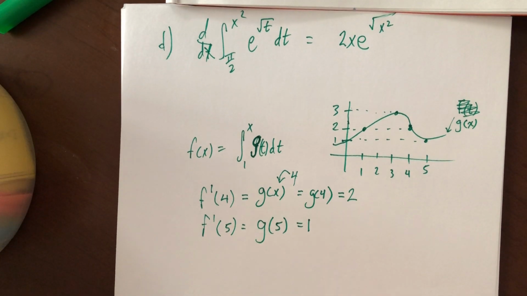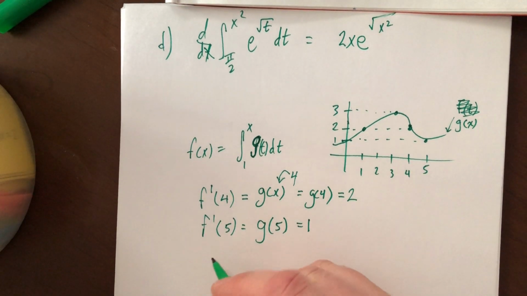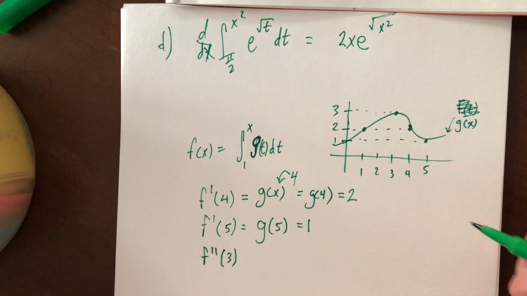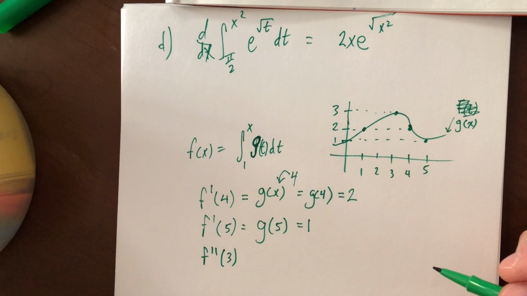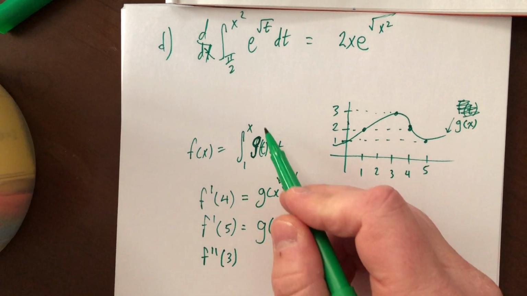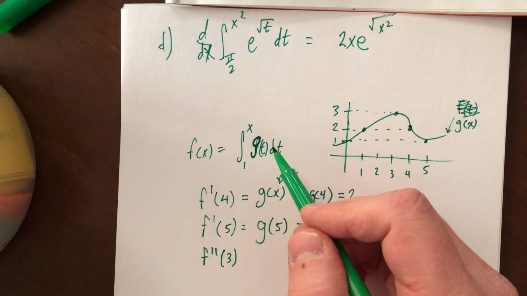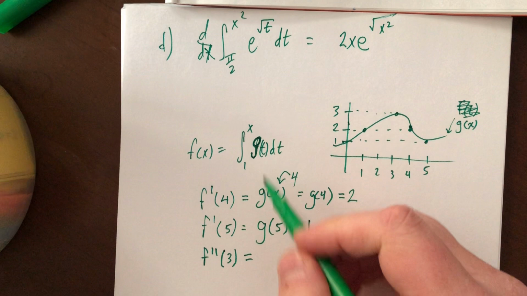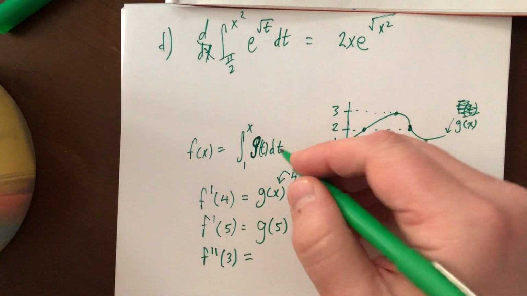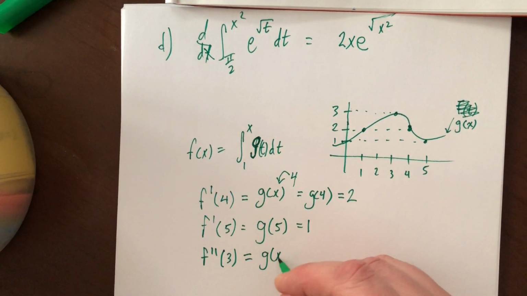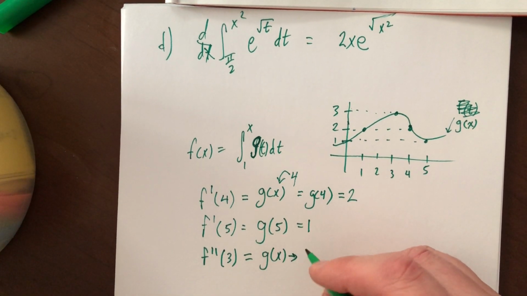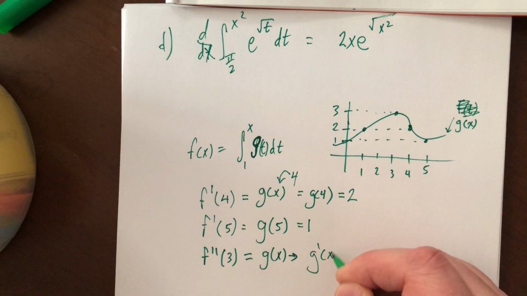But then, you also get things like this. Hey, what's f double prime of 3? So think about that. F double prime means we take the derivative of this, and then we take the derivative of what we get, and then we plug in 3. The derivative of this is g of x, and then we're going to take the derivative of that, and we're going to get g prime of x.